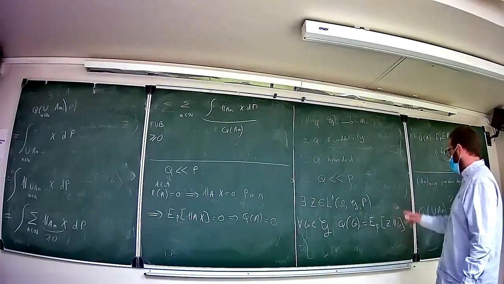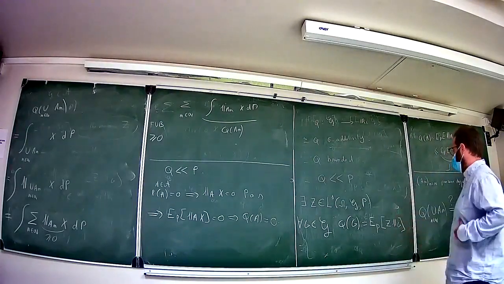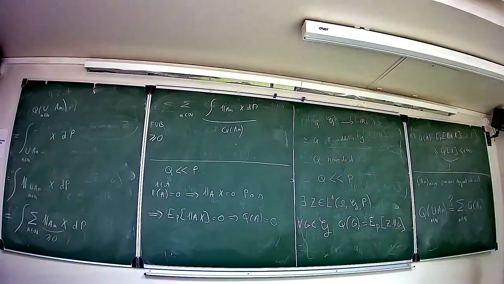There exists a Z such that I have this. I just use the Radon-Nikodym theorem that I have the right to use here. Okay? I have this one. But what is Q of J? So I have erased the things here, but what is Q of J? Q of J, I remind you that it was defined this way.